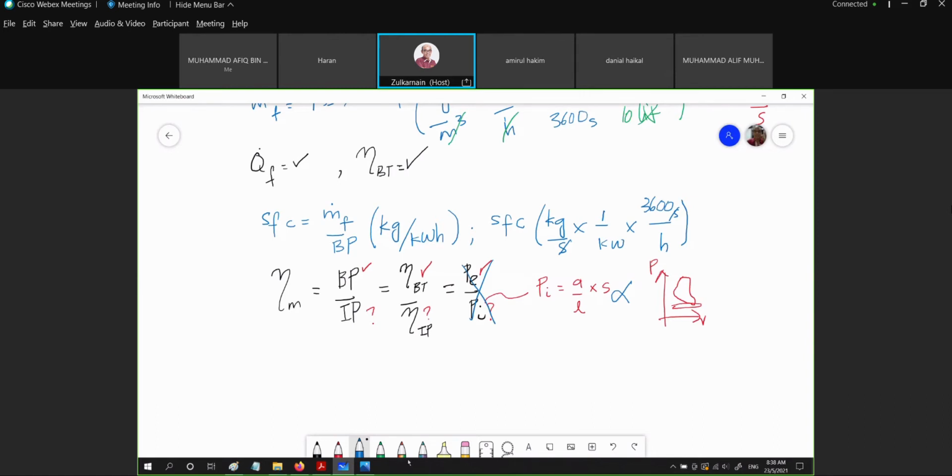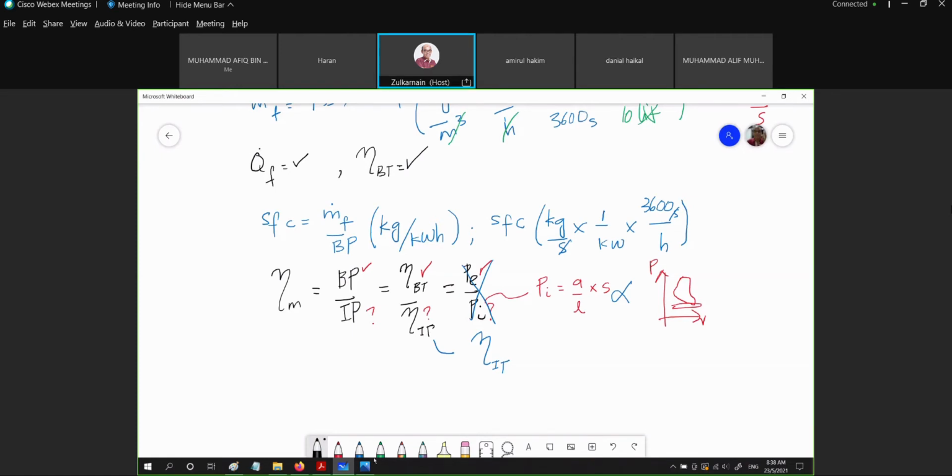Okay. Dalam kecekapan indicator power, kita perlukan IP. Because this formula involving apa? The indicated IT, sorry, bukan IP, IT. Indicated thermal efficiency ni, formula dia apa?